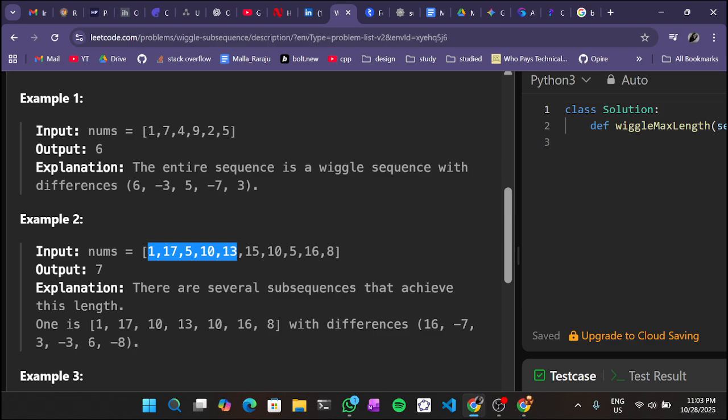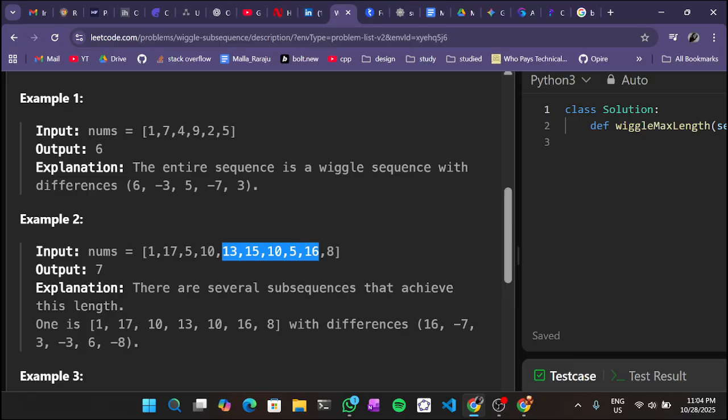Well, obviously 5 minus 10 is negative. Since both 10 and 5 are negative, we have to leave either 10 or 5. We go to the next one.